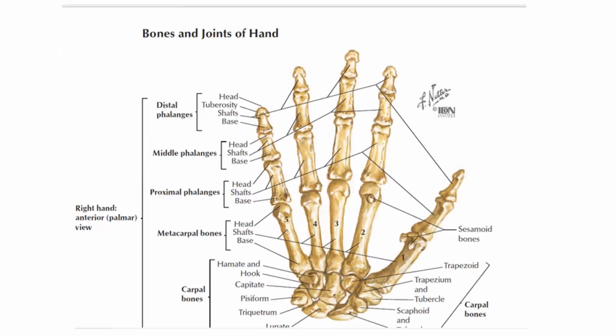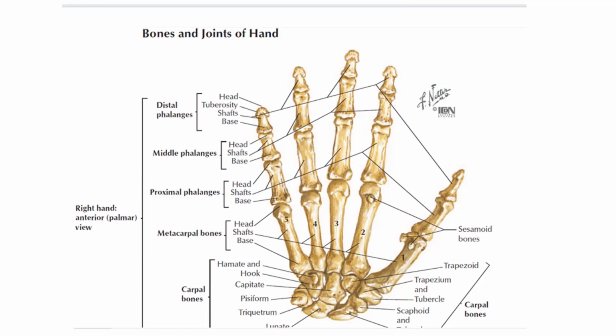This shows you the bones of the hand. You should know them. You should know about the distal carpal row. Don't forget you have the trapezium, the trapezoid, the capitate, and then the hamate. Proximally you have the scaphoid, the lunate, the triquetrum, and then the pisiform. You have to remember them.